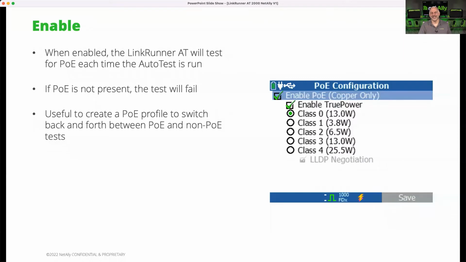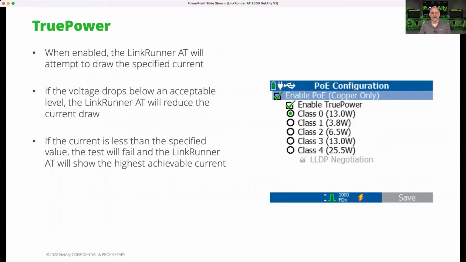But in this case, we're going to enable PoE. That will solicit PoE and show us what the voltage is without putting a load on it. If we want to put the load on it as well, then we're going to check Enable True Power and select a PoE class. So in this case, if we select class 0, it's going to attempt to draw 13 watts of power.